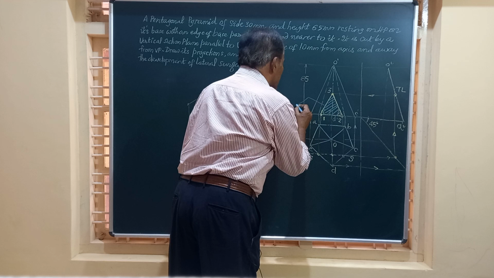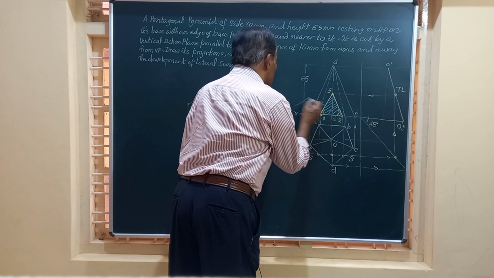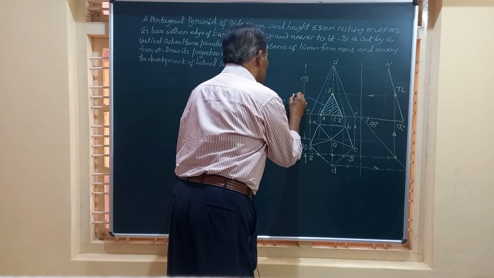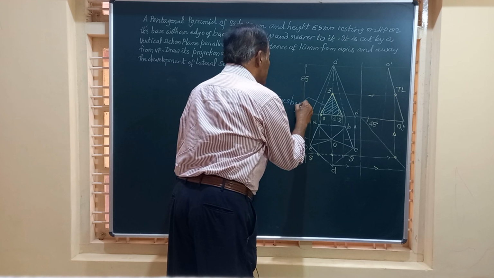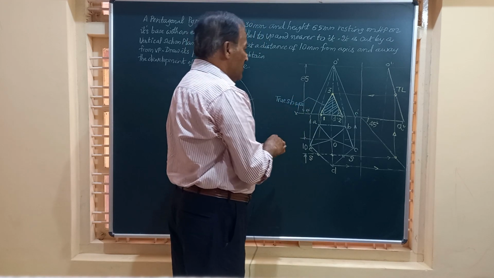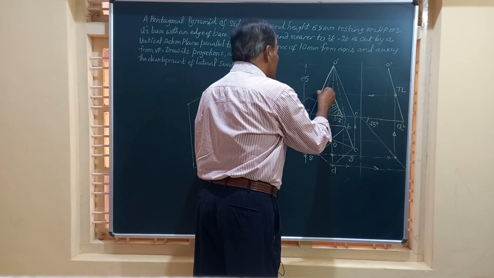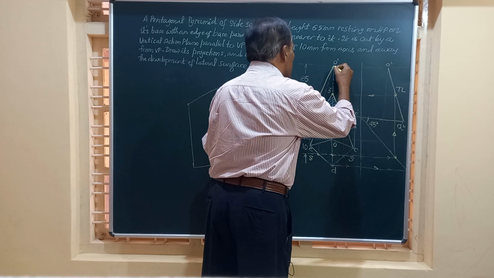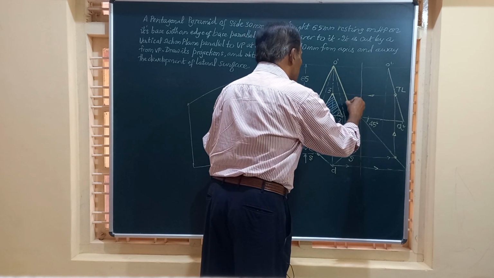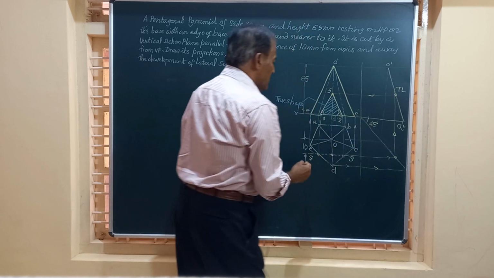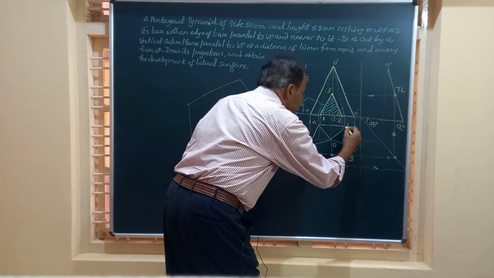So just mark here and say this is true shape. So we have got the true shape, and let us see what is the portion that is left over after this is being cut. So in the front view, friends, I will mark this line, the end line, another line, points here, and here this portion is removed.